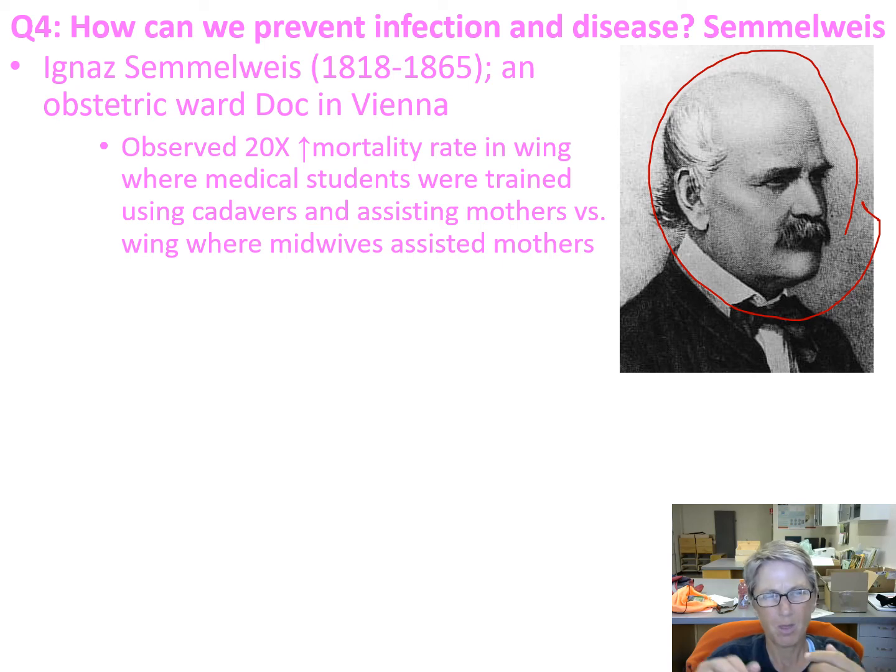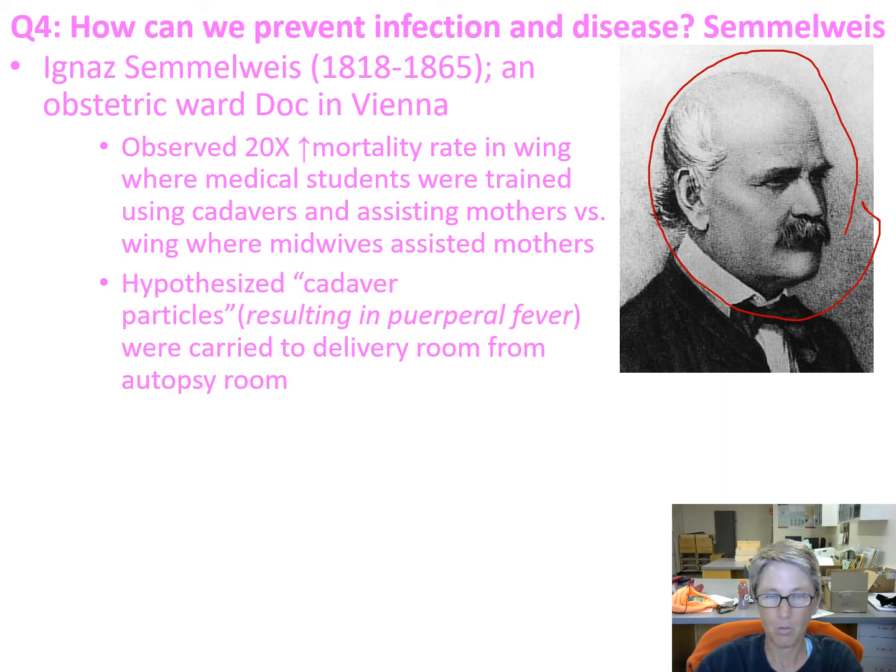So you go from the cadaver room to a place where women are giving birth, and when women are giving birth, there's a lot of blood and there's a lot of torn tissue, and these doctors are touching these women with torn tissue. Ignaz saw that where that happened, 20 times more women were dying in childbirth than in another wing where the young doctors in training were not going from the cadaver room to the birthing room.